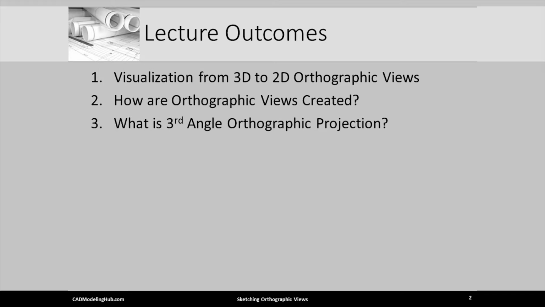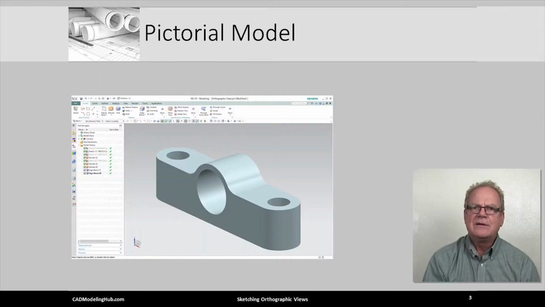So let's begin. Here is a CAD model of a simple part, or what I refer to as a doorstop. In previous videos, we provided instructions on how one creates pictorial sketches.